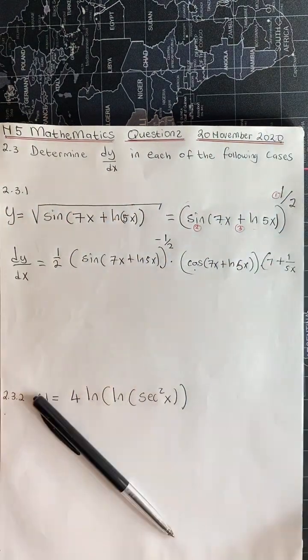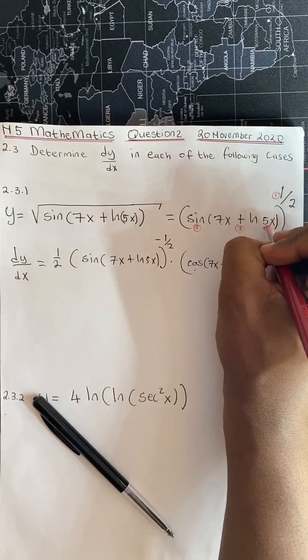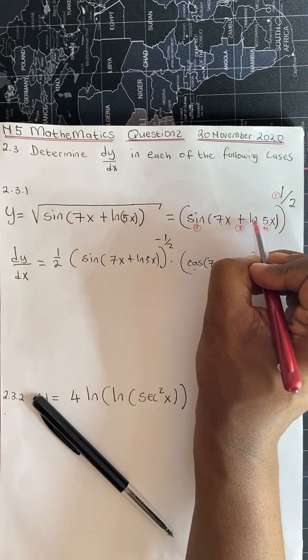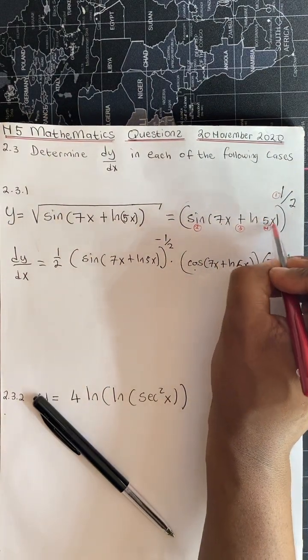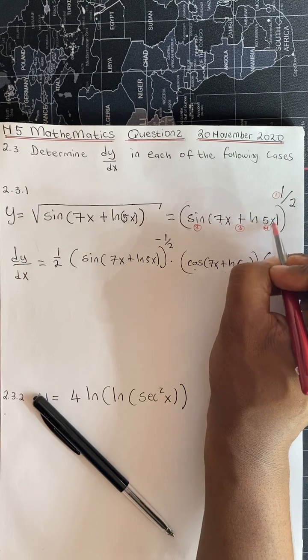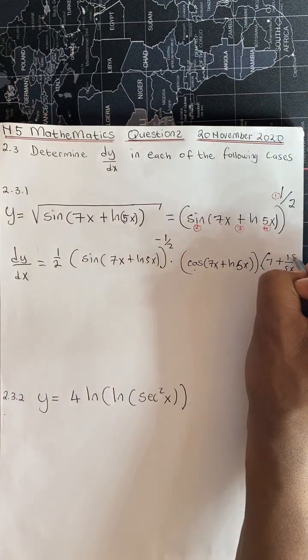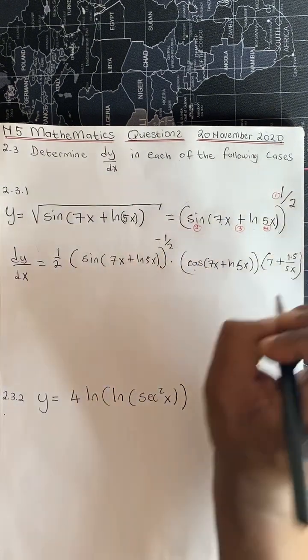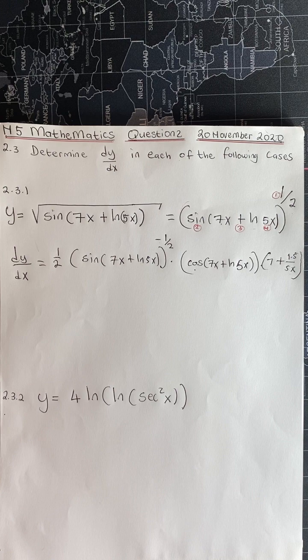We differentiated that ln and got 1 over 5x, but we also have to differentiate what's inside the ln, the 5x. The derivative of 5x is equal to 5. Simplification is not required.